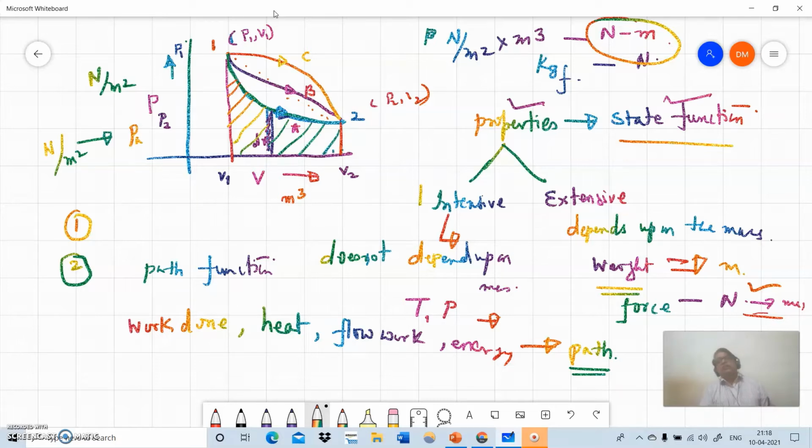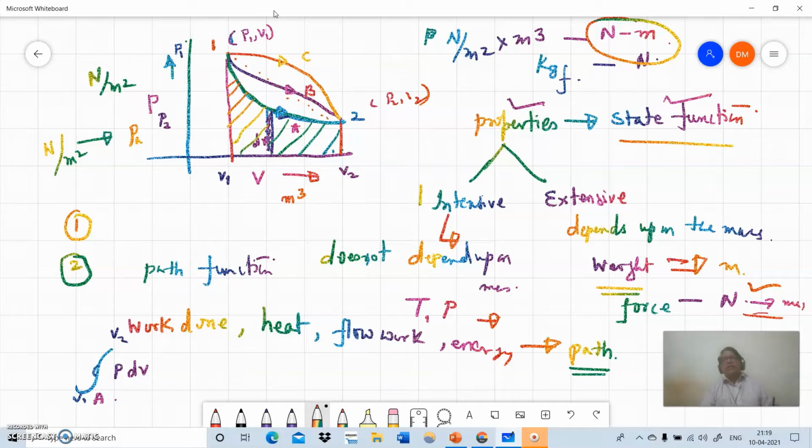So this is the work done in process A. Work done from V1 to V2 is the integral of pressure P dV following path A, which is equal to the area under the curve that I have shown here, right?